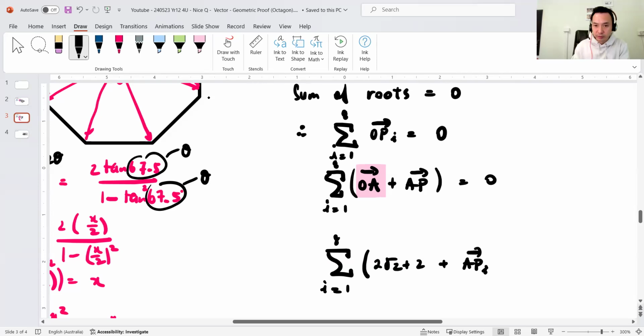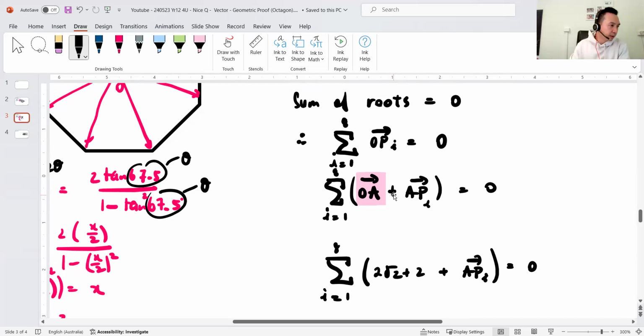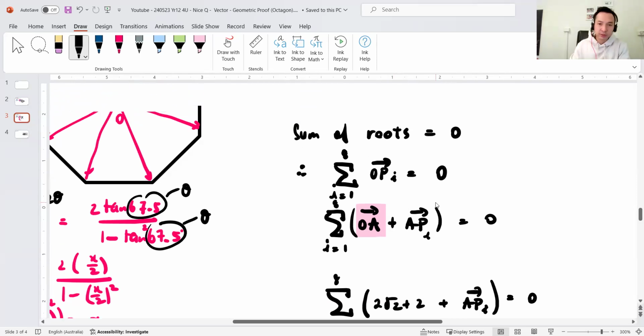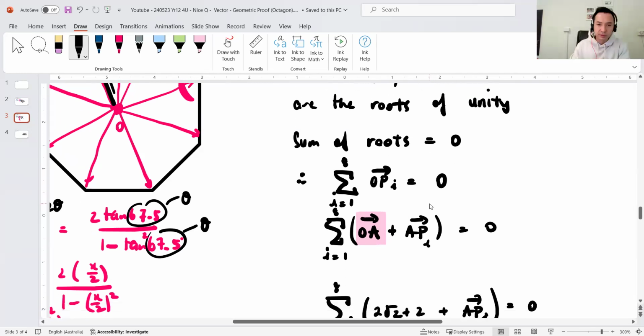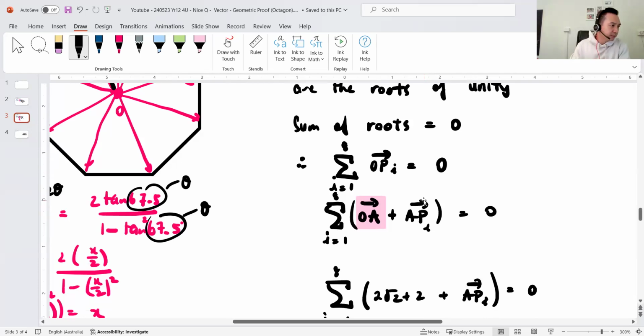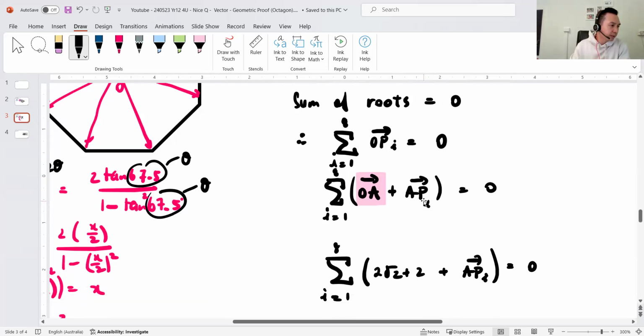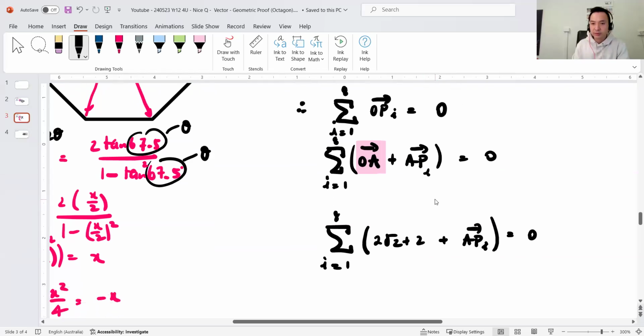Oh, sorry, I should put a little i there, i equals 1. Yeah, APi. It's not even APi, is it? Because they're all the same. So let's see. Oh no, it's APi. Yep, perfect.